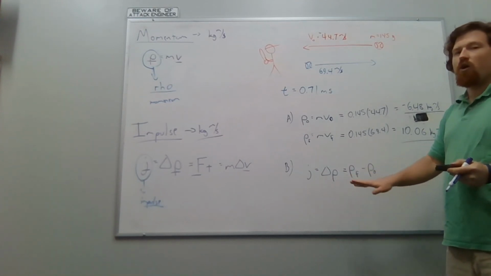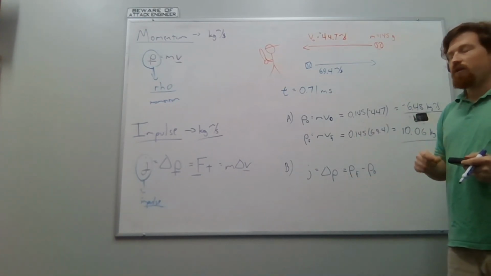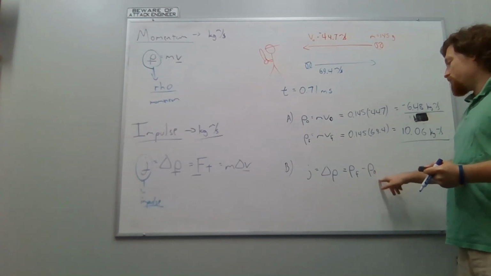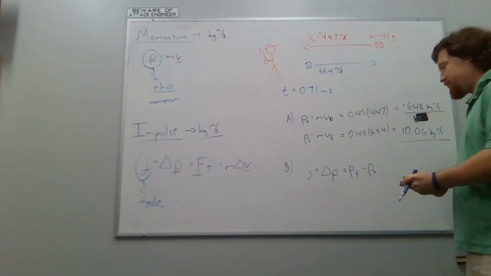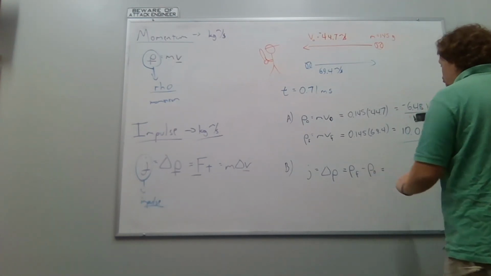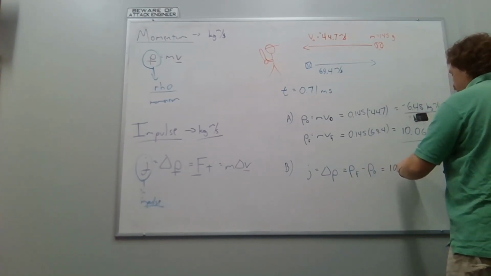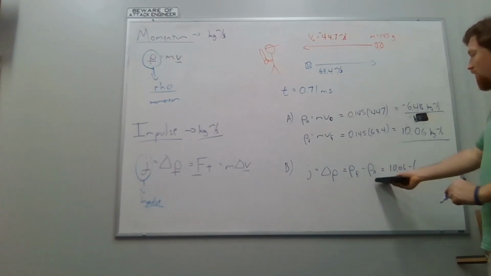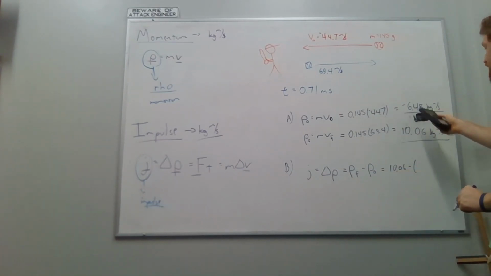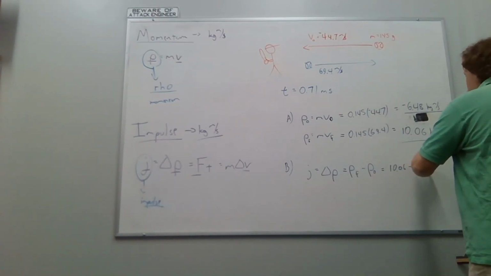Delta, change in, always means final minus initial. It is now final. We're subtracting out what it once was. So, our final momentum is positive 10.06. We're going to subtract our initial momentum, which is negative 6.48.